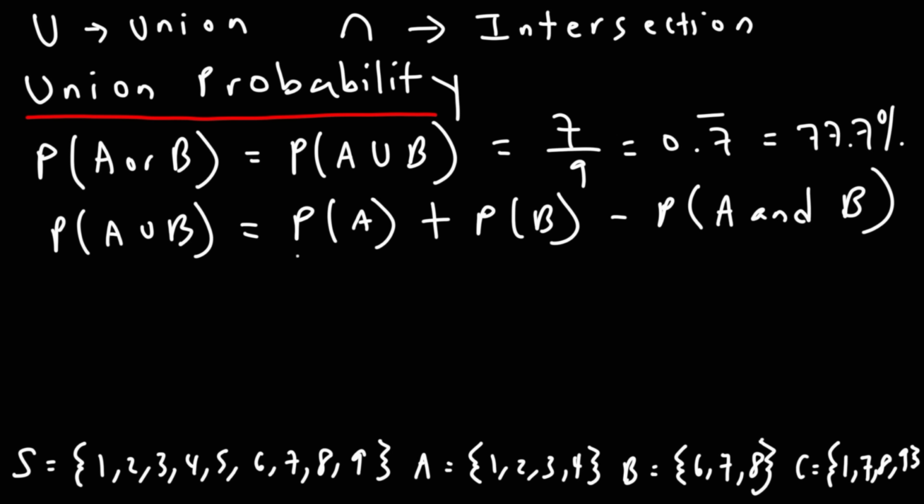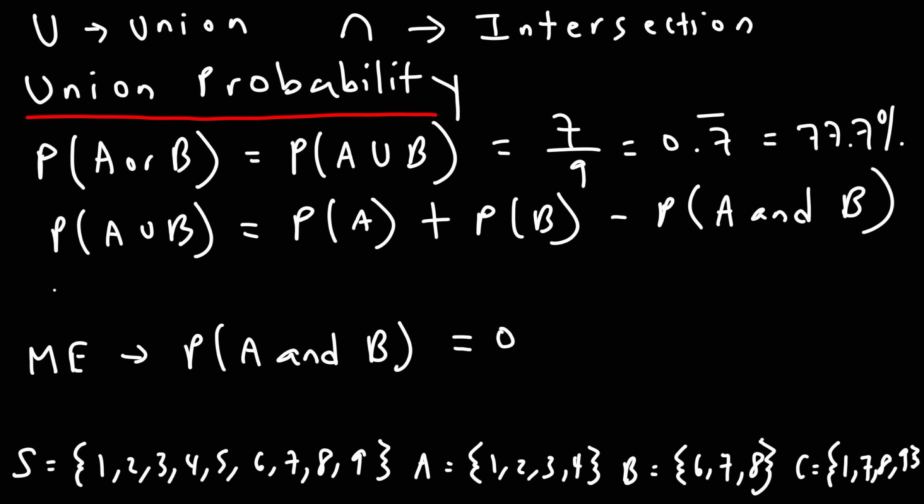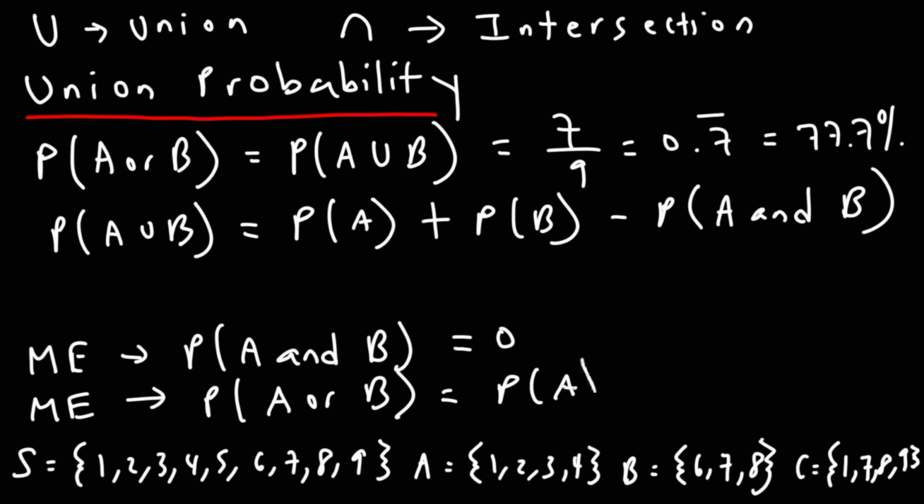Now, if two events are mutually exclusive, the probability that event A and event B will occur becomes 0. So for mutually exclusive events, this disappears, which means that the probability of A or B occurring is simply the sum of the probability of event A occurring plus the probability of event B occurring.